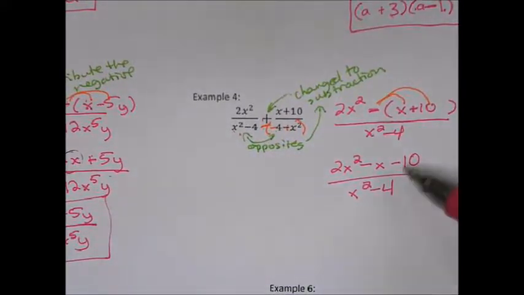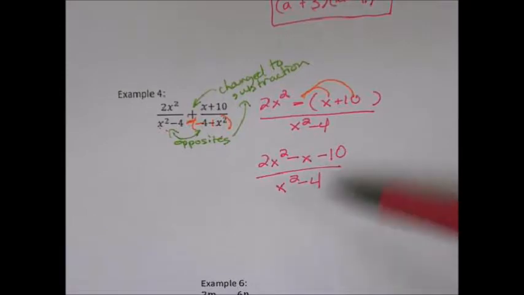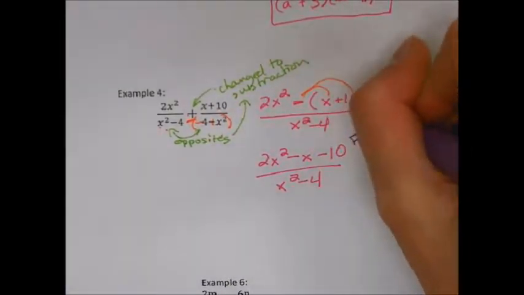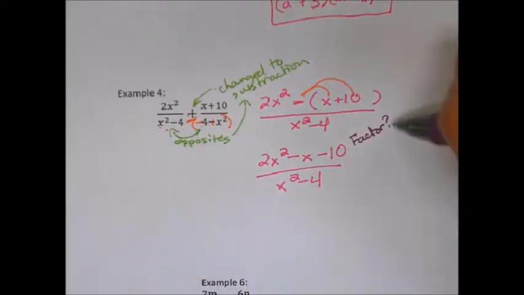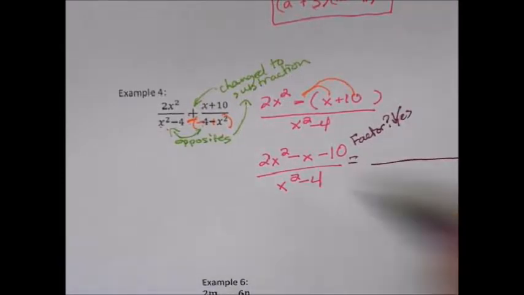I notice that I have two polynomials on the top and the bottom. Our last question is, can we factor? And the answer is yes. So factor the top, factor the bottom.